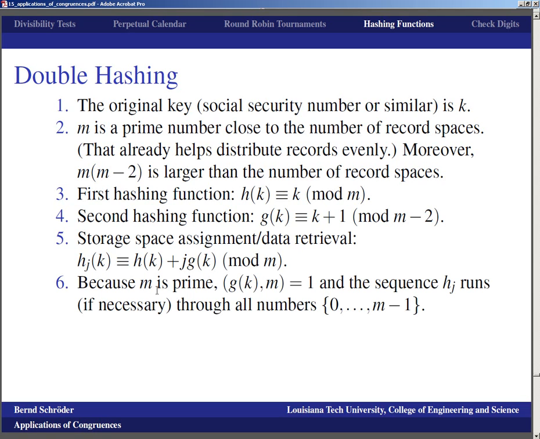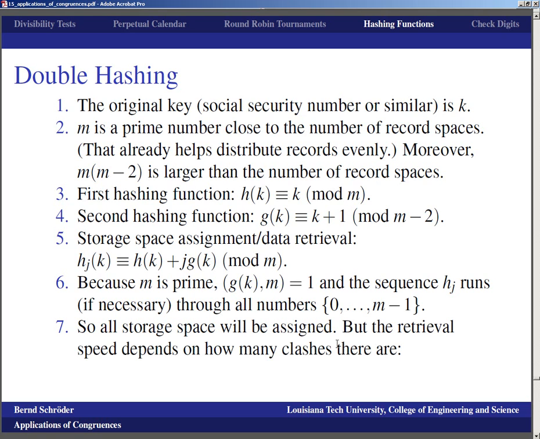And so because m is prime, you have that g of k and m have greatest common divisor 1, and that means the sequence h_j runs, if necessary, through all numbers 0 through m minus 1. And that means all storage spaces ultimately will be assigned after clashes and everything. So the last one would probably have to run through a lot of stuff, but everything will be assigned.